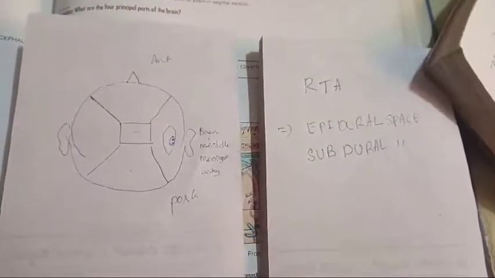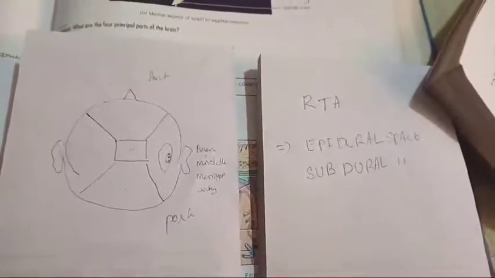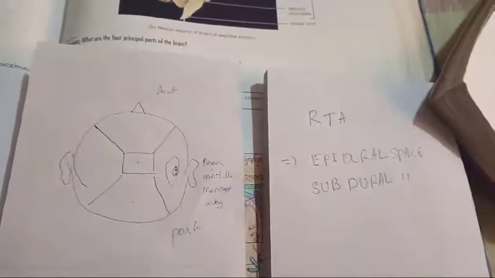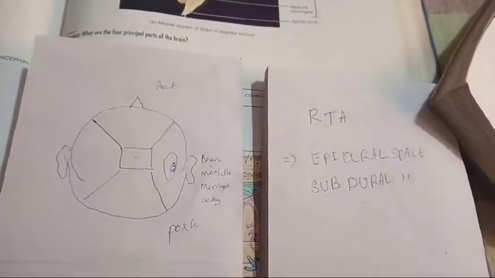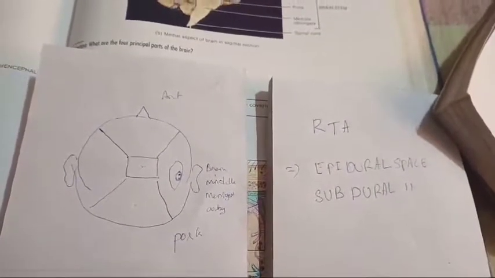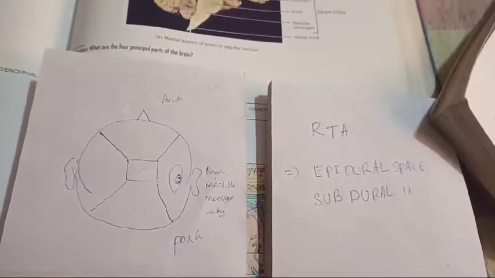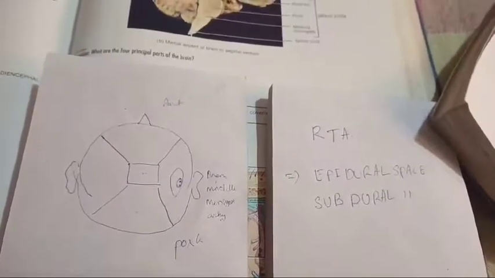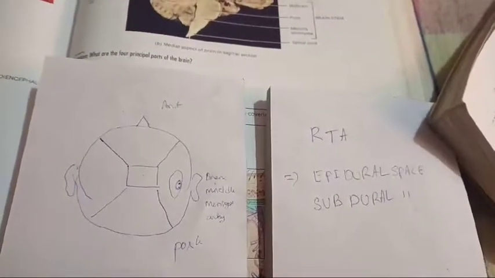Epidural space is the space in between the cranial skull bone and the periosteal or endosteal layer. The cranial epidural space is a potential space. It contains meningeal vessels. The spinal epidural space contains fatty areolar tissue and venous plexuses.